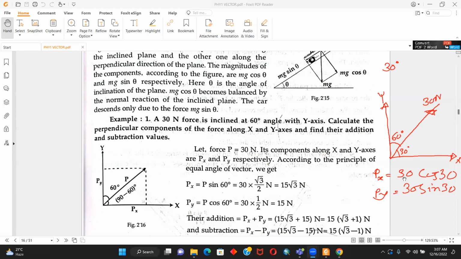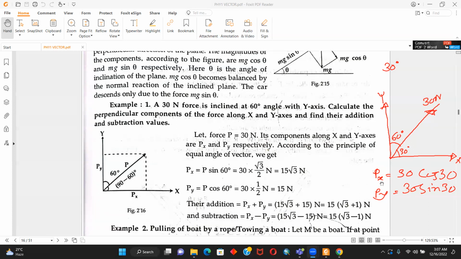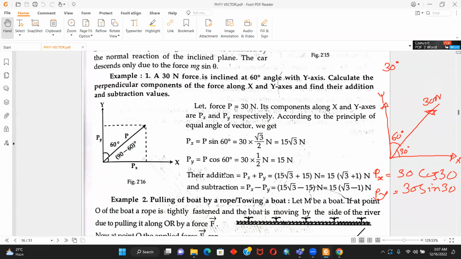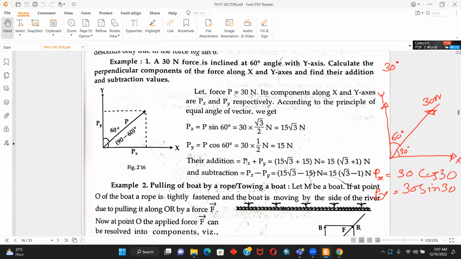In this way you will get the same value, and they have taken the angle with y-axis and that vector. That is why the cosine and sine have changed. In case of x-axis we have got sine, and in case of y-axis we have got cosine. Anyway, the answer remains the same. Understand? Now addition and subtraction, just add them and subtract them. There's no issue with that.